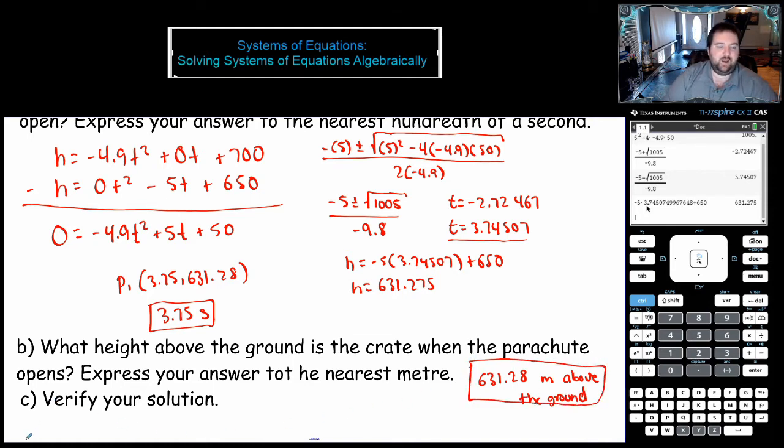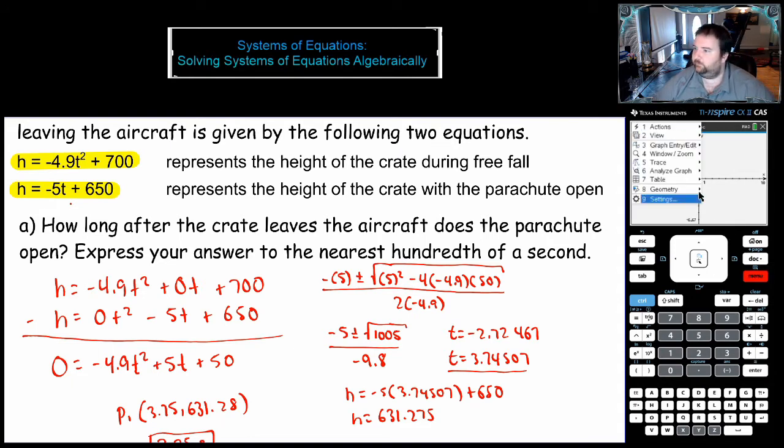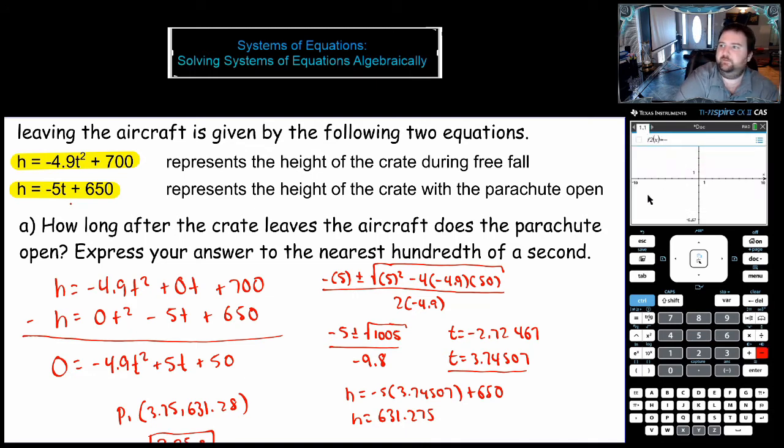And verify our solution. So let's verify this. Let's go ahead and graph it. So negative 4.9 x squared plus 700. Okay. And then we're going to want our second function, which is negative 5x plus 650.